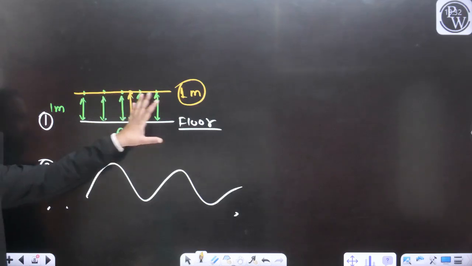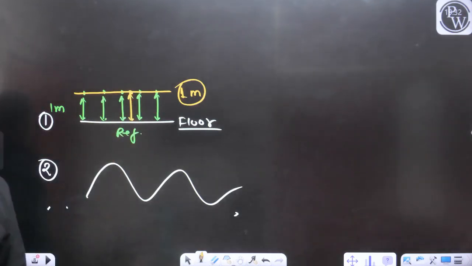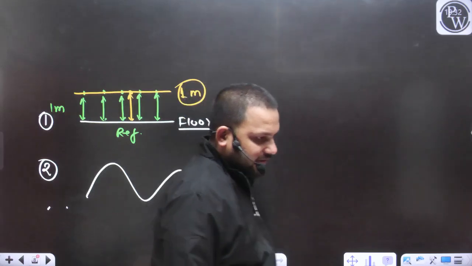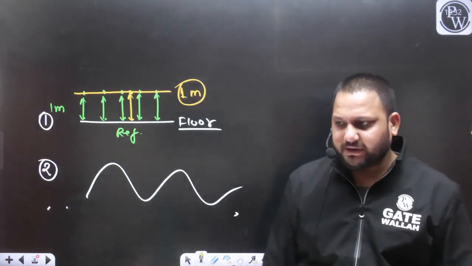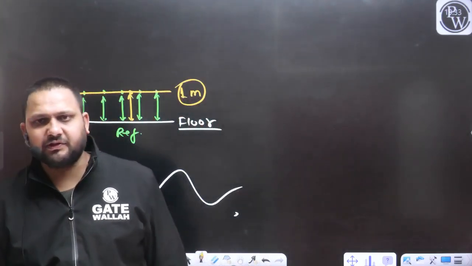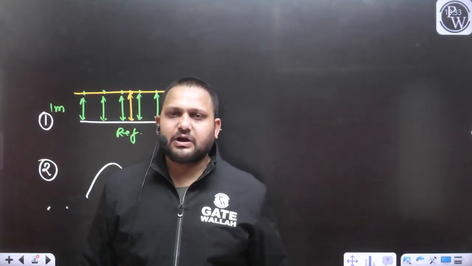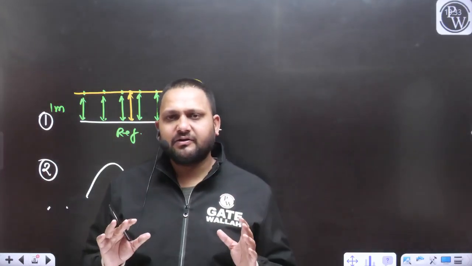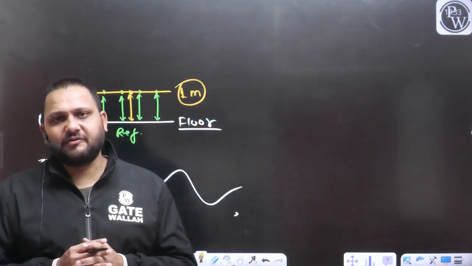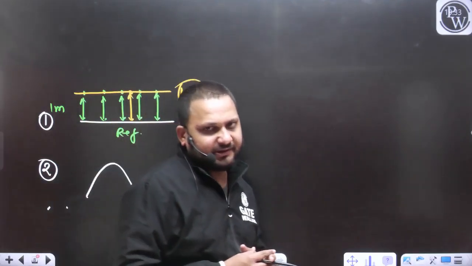If this is the contour of 1 meter, yes or no? I hope the definition of the contour is clear to everyone. Contours are the imaginary lines which join the points having the same reduced level, or you can say same elevation.